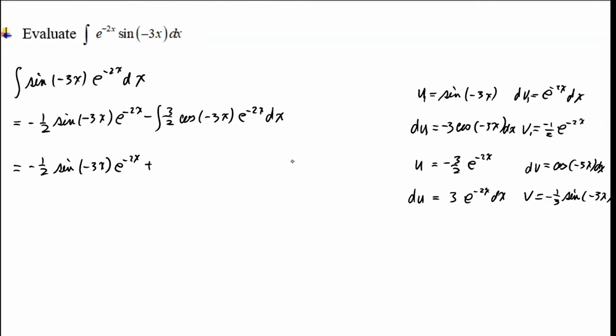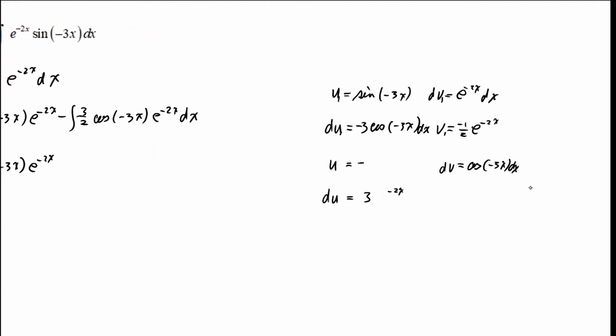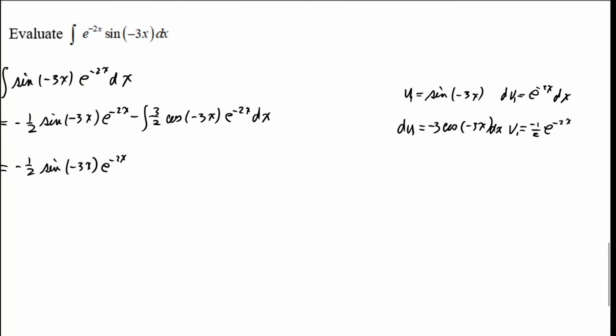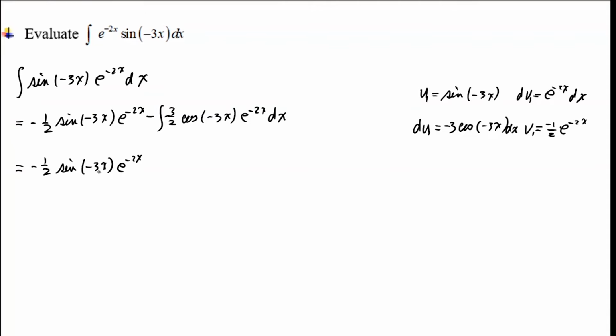I'm going to redo the whole thing now. So here, I'm going to get rid of this part. And let's do it the correct way. So this is already there from the top, and it's just this part I need to do. So my u should be negative 3/2 cosine negative 3x. Oh, not dx, that.